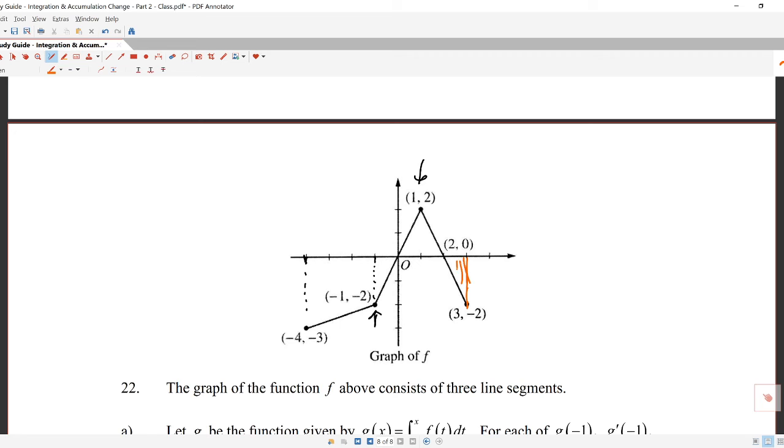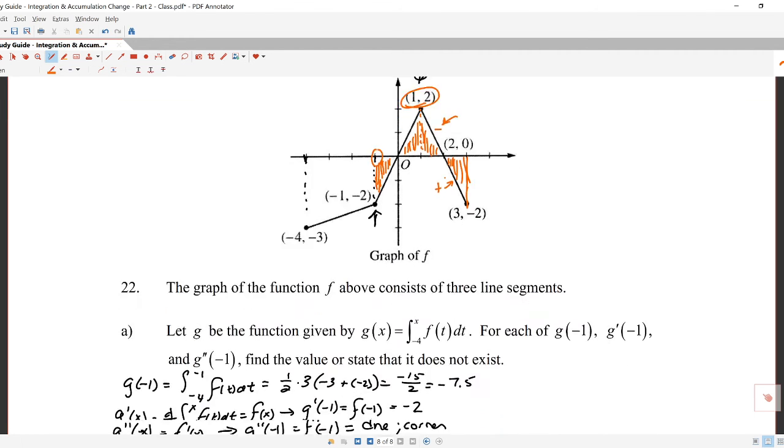So we have positive area here, and that forms this triangle. So when I create another triangle that's exactly the same, that happens here at 1, we have a positive and a negative area that balances out. So at x equals 1, we would have another one. And then notice as well, we have more negative area, and then we have an equal opposite area. So at x equals -1 as well.